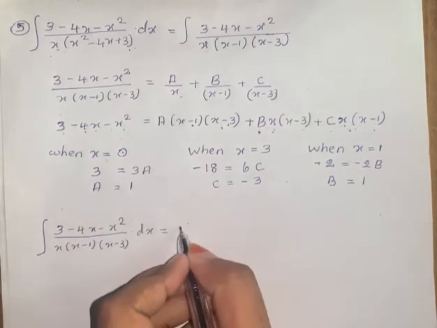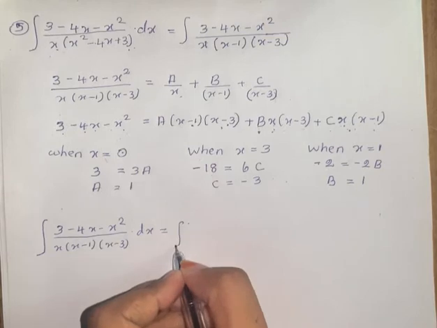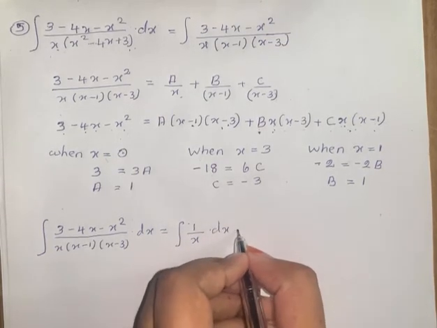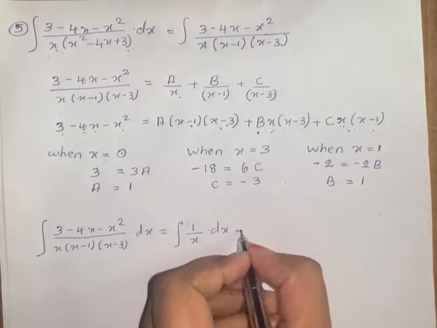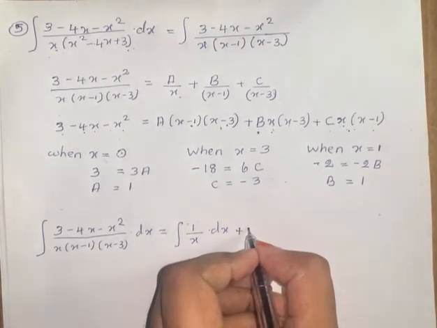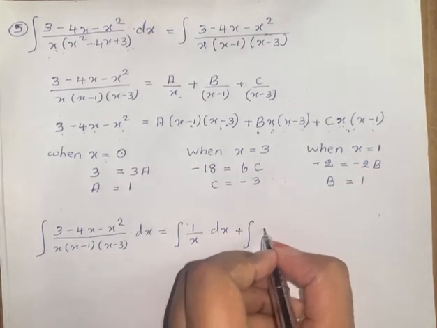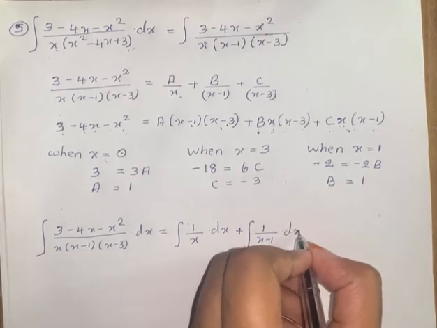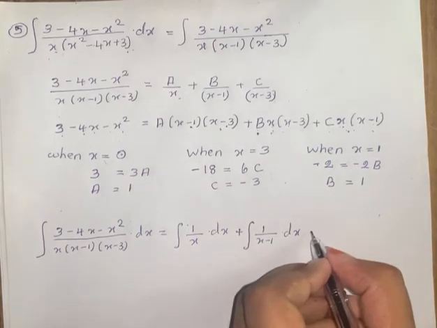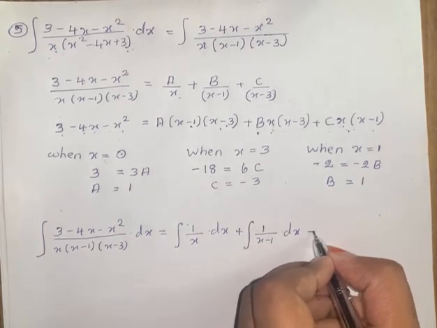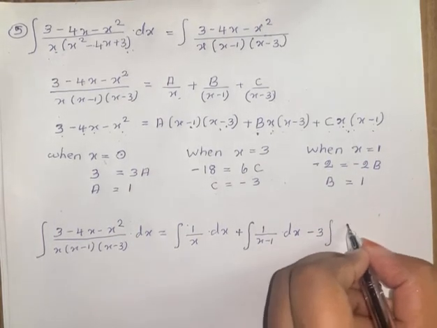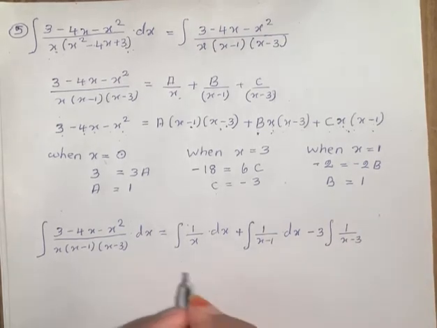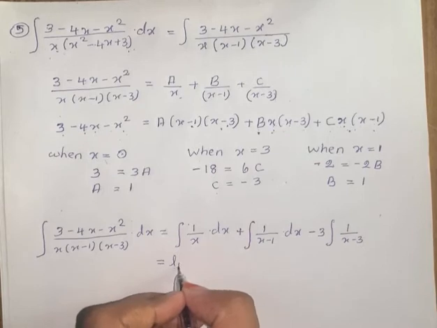A is 1, so we don't have to put that. So integration of 1 over x with respect to dx, B is 1, so plus integration of 1 over x minus 1 with respect to dx. Here C is minus 3, so minus 3 integration of 1 over x minus 3 with respect to dx.